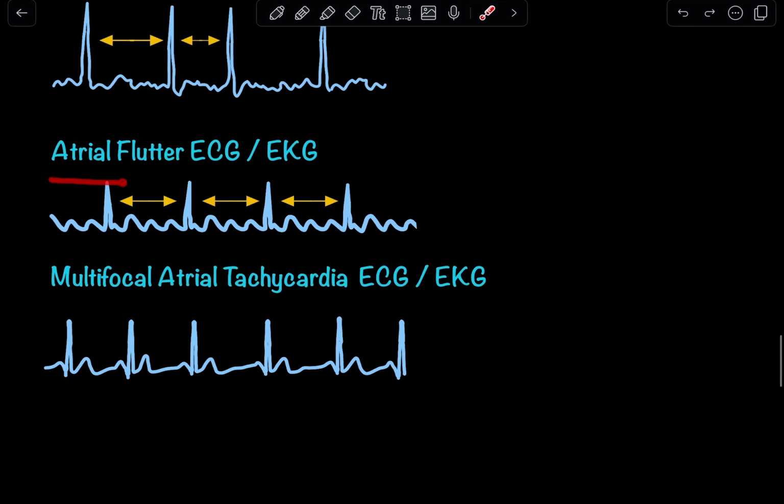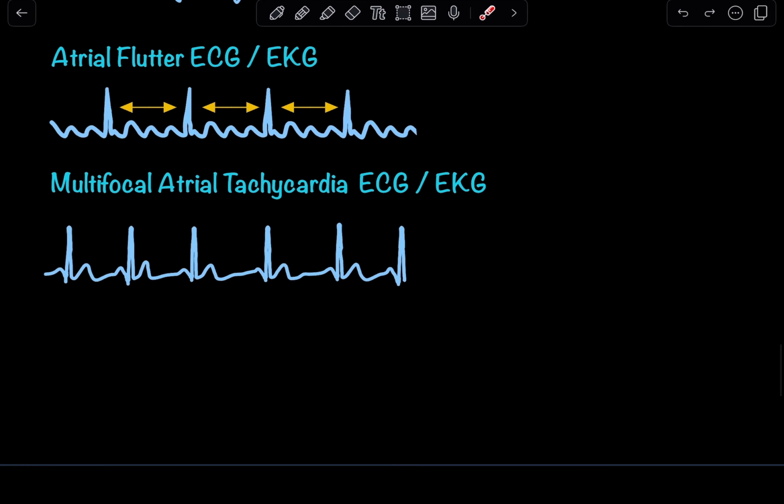And then in atrial flutter, we had this saw-like structure denoting the P waves. The P waves essentially denote the atria are not fully contracting. As a result, we see this wave-like motion, and we see consistent, irregularly spaced QRS complexes.